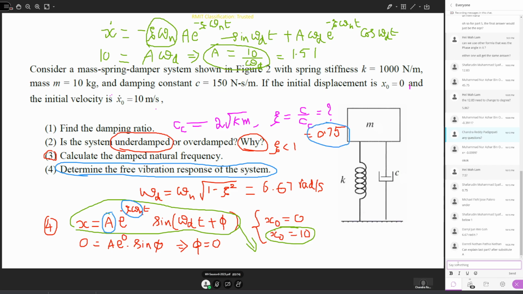So eta into omega n gives you a number, and you just write that number here. Omega d is also here, so you just replace the omega d value. Phi value is anyhow 0. So you just write the final response indicating the A value and this value. Is that okay, Darren?